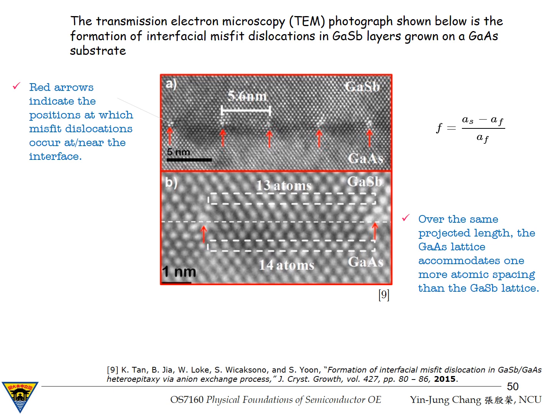In the top panel, you can clearly see a dark horizontal line at the interface between gallium antimonide and gallium arsenide. The red arrows indicate the positions of interfacial dislocations spaced periodically along the boundary.